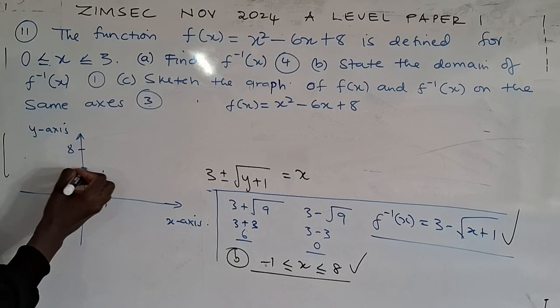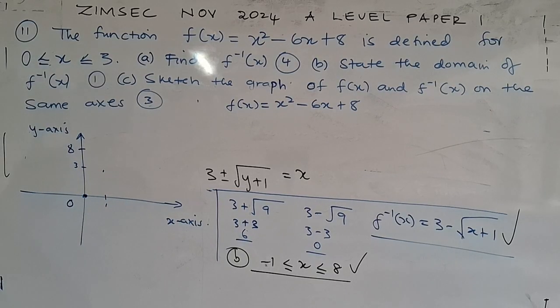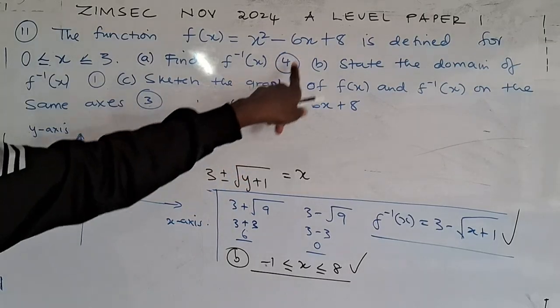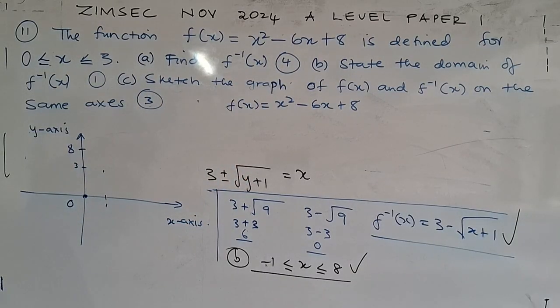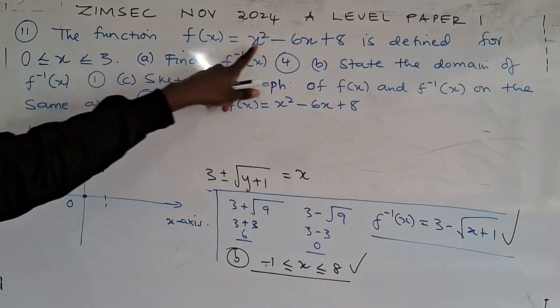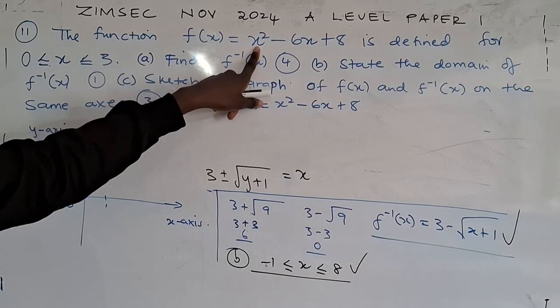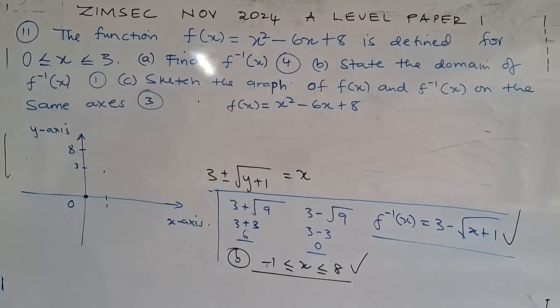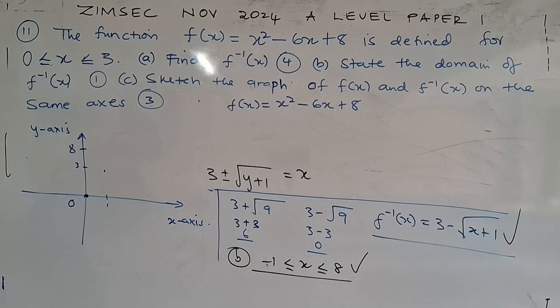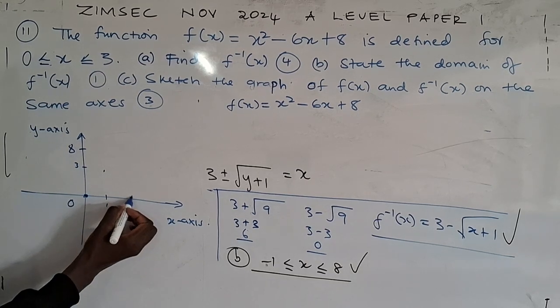I'm going to put a sketch here because I want to see the direction of the curve. If x is 2, it is 4 minus 12 plus 8, so this is 0.